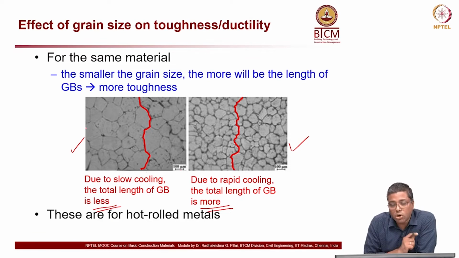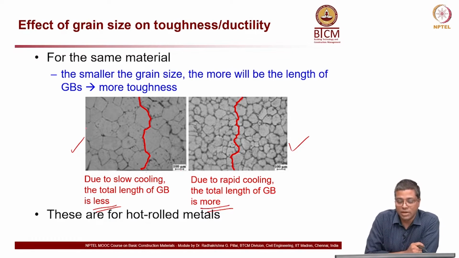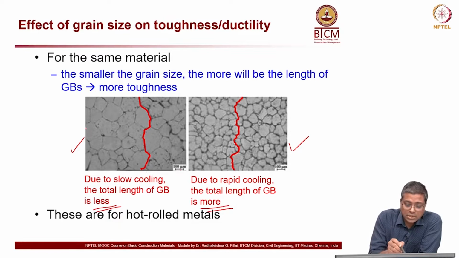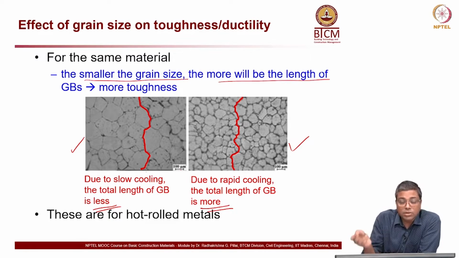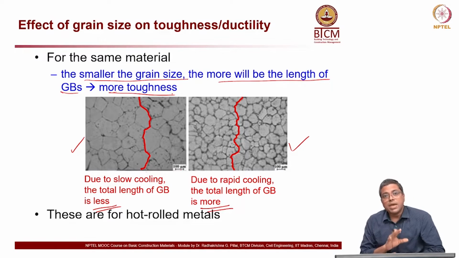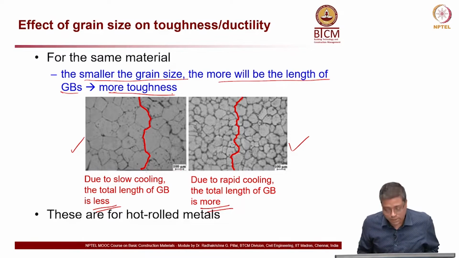Now, when you have shorter length, that means the energy required to move a dislocation along that would also be relatively less. Okay. So, the message here is, the smaller the grain size, the more will be the length of the grain boundary and hence more toughness. Okay. So, these are mainly for hot rolled metals.